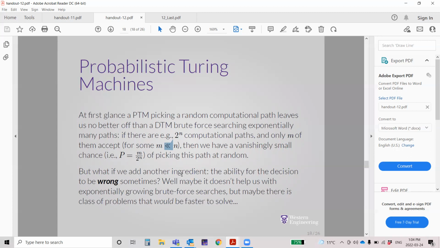But if we add another ingredient, the ability for the decision to be wrong sometimes, this might lead us to exponential growth, not polynomial. And at that time, it's not an NP problem or a P problem.